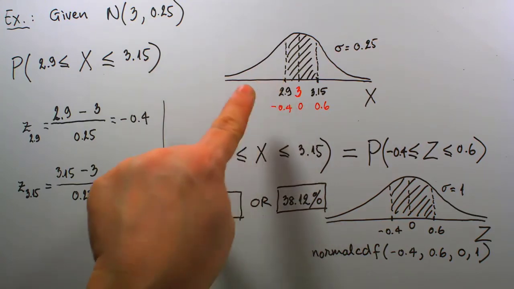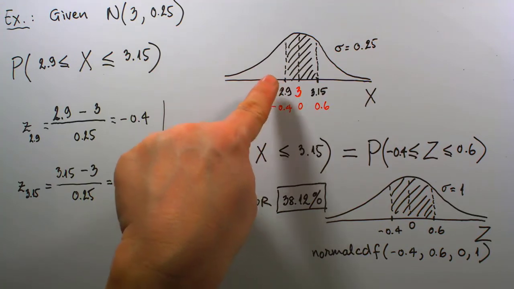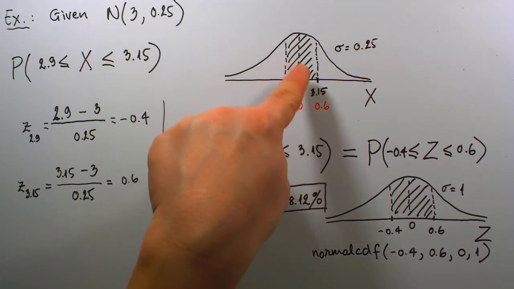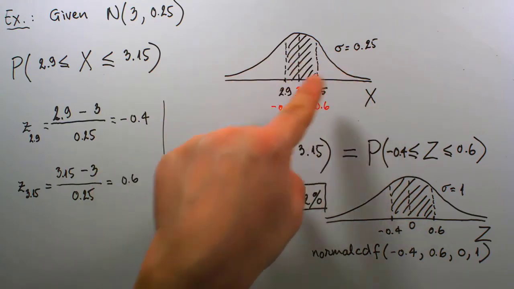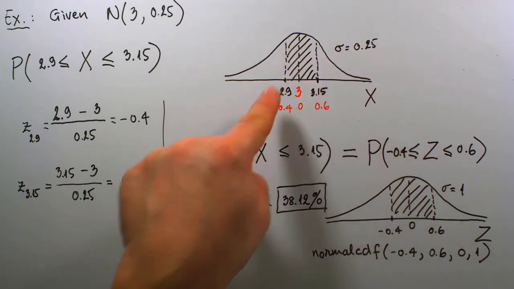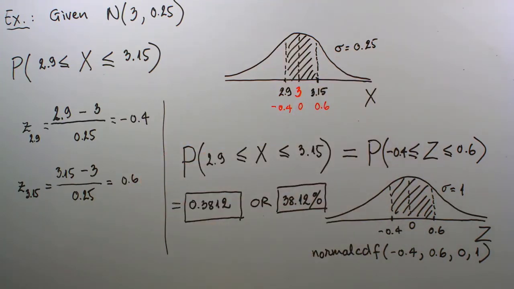This value indicates that about 38.12% of the data on this general normal distribution bell curve centered at 3 with sigma 0.25 lies anywhere from 2.9 to 3.15. That area is also exactly the same as on the standard normal distribution, the area between negative 0.4 and 0.6.